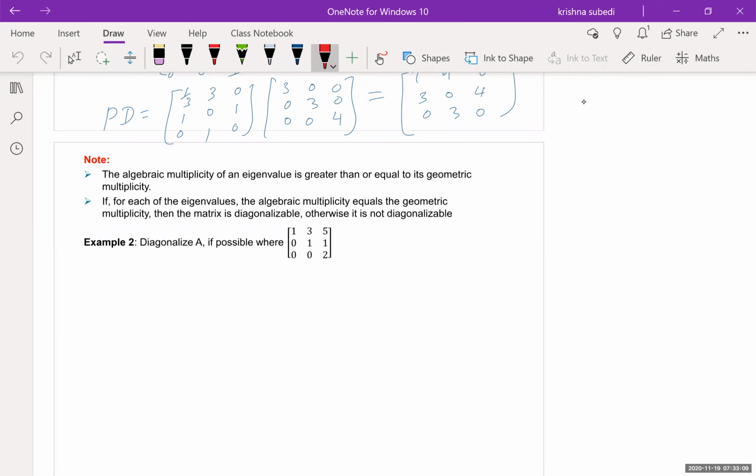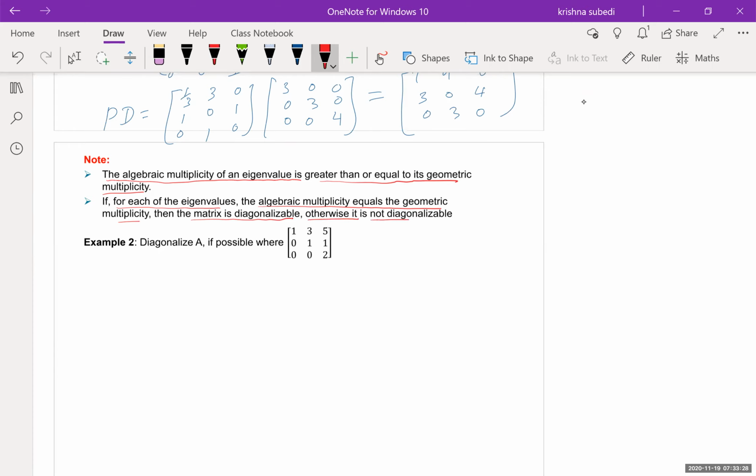Like I said earlier, a couple of things to keep in mind is that the algebraic multiplicity of an eigenvalue is greater or equal to its geometric multiplicity. If for each of the eigenvalues, the algebraic multiplicity equals the geometric multiplicity, then the matrix is diagonalizable.